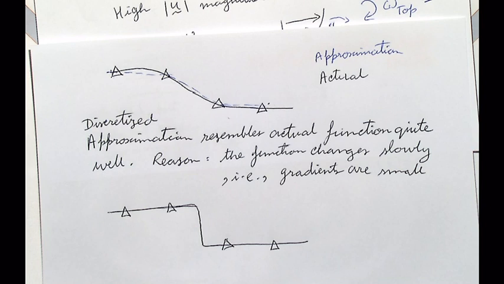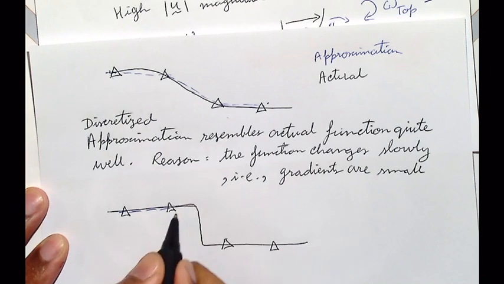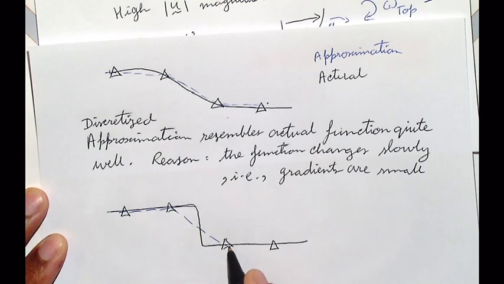What is the approximation that we will get? Again, if we start joining straight lines, we will get a straight line that's perfect, and then we will get a terrible approximation.